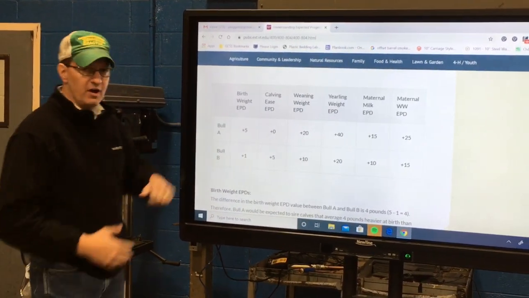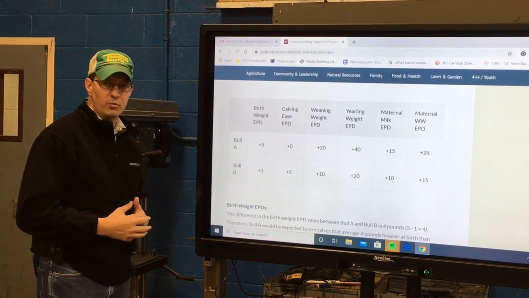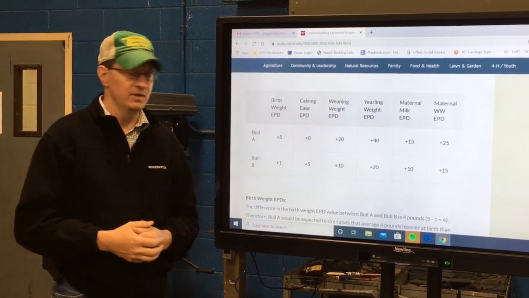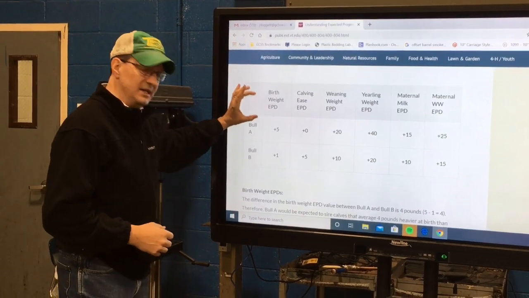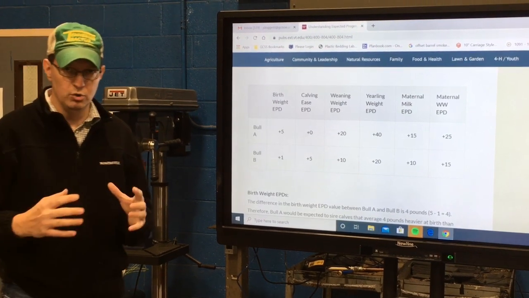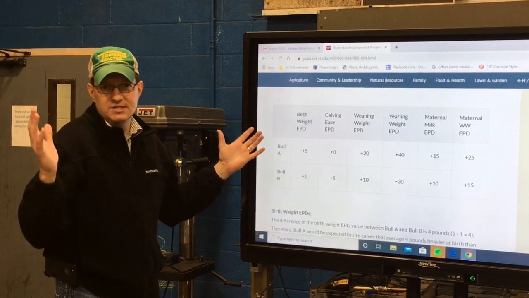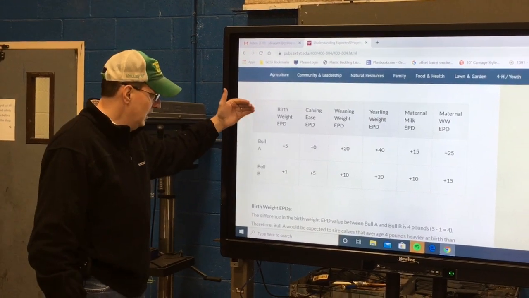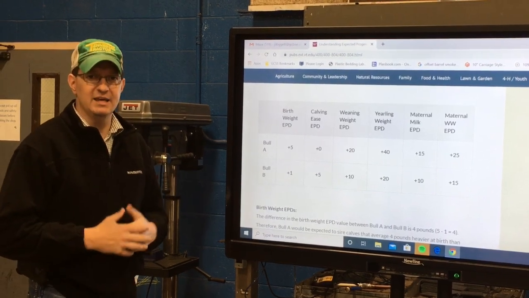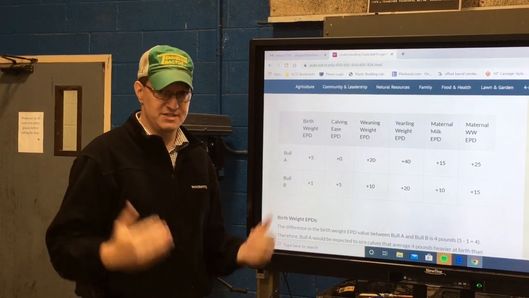So let's just start off by category first. In the first category, we have the birth weight EPD, or the birth weight expected progeny difference. So what this means is this number is calculated based on what bulls in this breed that we're talking about, so let's just say we're using Angus, what these bulls' offspring should be like relative to other Angus bulls in the breed at the time.